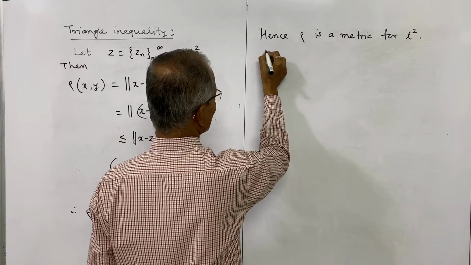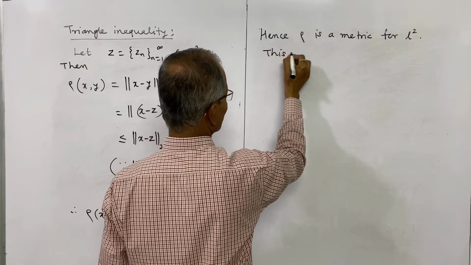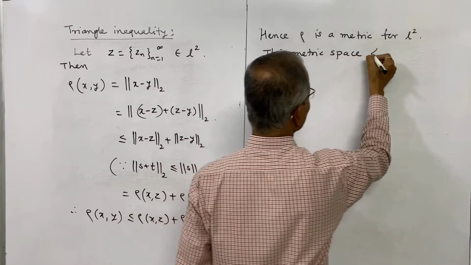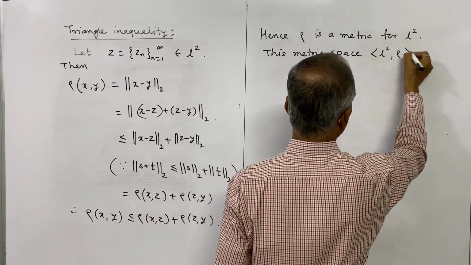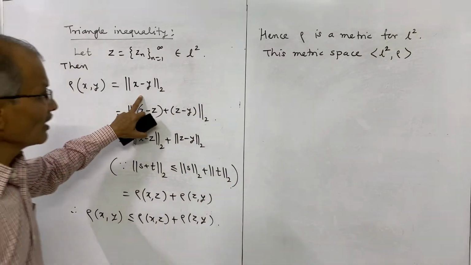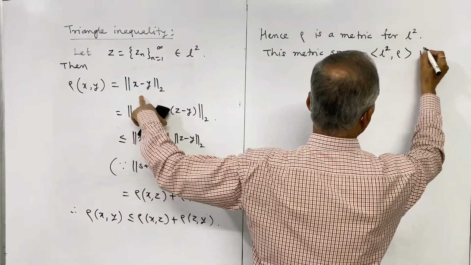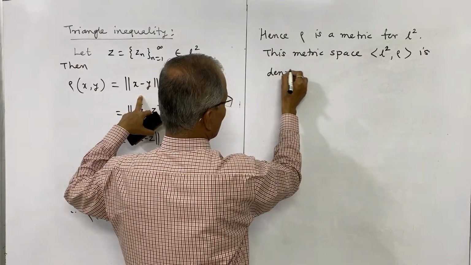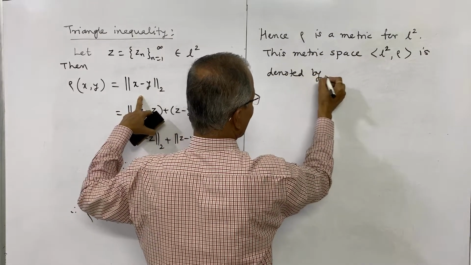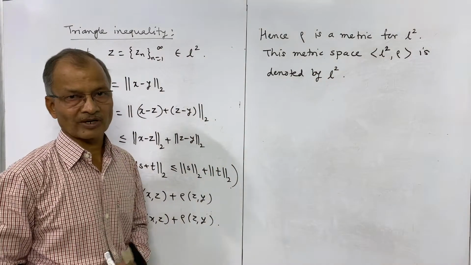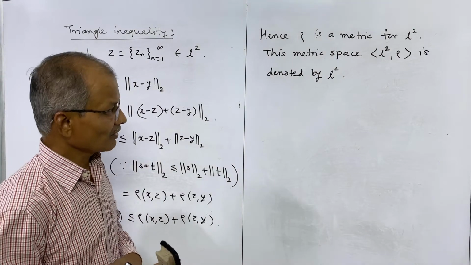This metric space L2 and the metric rho defined in this way is denoted by L2. So these are some standard examples of metric spaces, definition and examples of metric spaces.